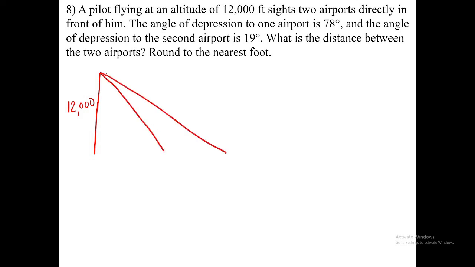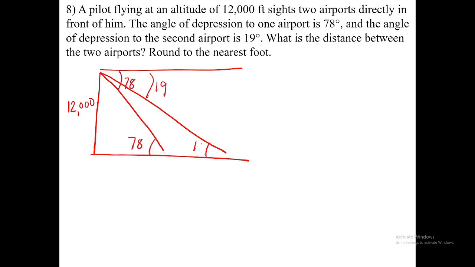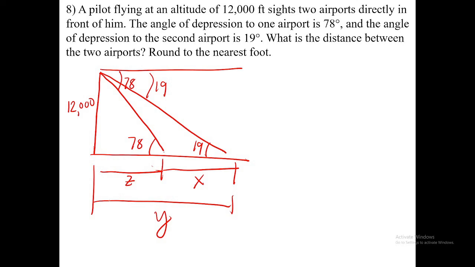Nya ang angle of depression sa usa is 78, ang usa 19. So we are having like this is 78, this is 19, and we are gonna solve the distance again of the two airports, which is x. So you need to solve y, you need to solve z here. The same process sa problem number 6 and 7 nato a while ago.